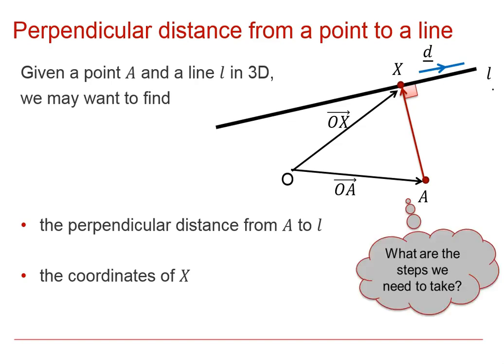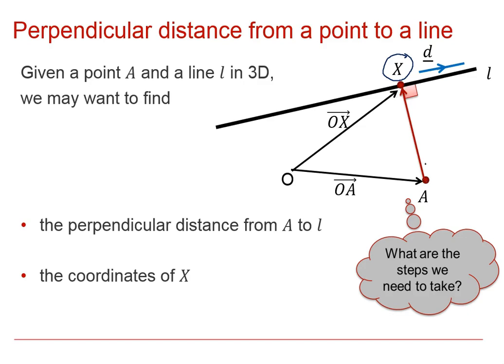What we need to do is start thinking of this point X as being a general point. And then we make this vector from A to X, but we make it perpendicular because that's going to find us the shortest distance. If this vector AX is perpendicular, then X, the foot of that perpendicular, is actually a specific point on this line.